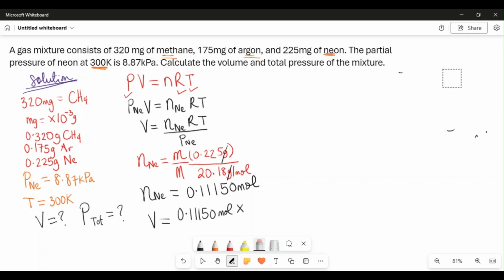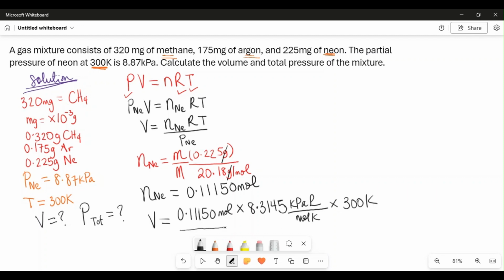So in this case, we're going to use 8.3145 kilopascal times liters divided by mole Kelvin. And lastly, times the number of moles, R, and the temperature, which is 300 Kelvin.